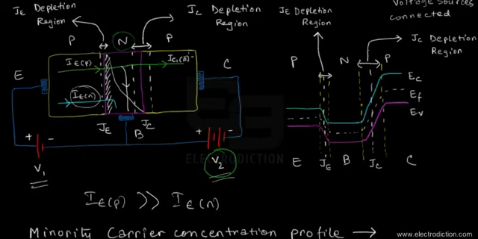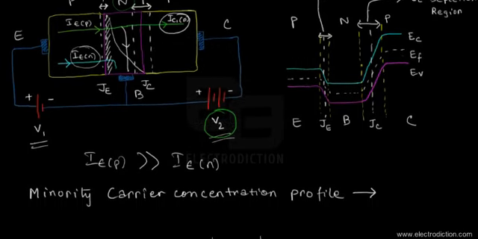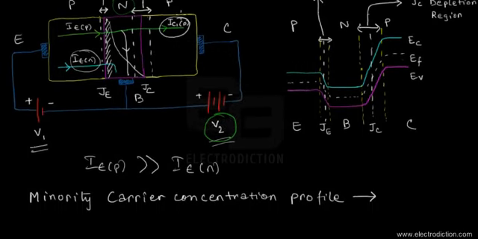Now what happens to the current component that reaches the collector section? It just moves out of the collector terminal as the collector current. The collector current over here is obviously not equal to the emitter current due to the holes.